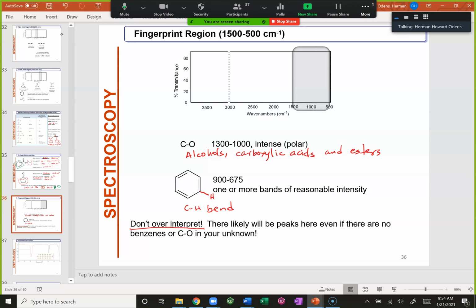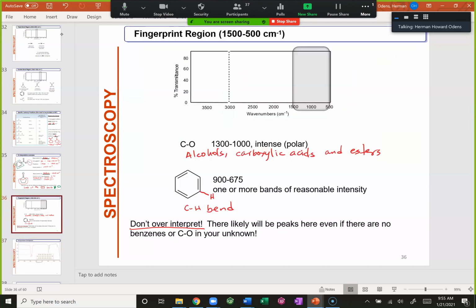I'll talk about that in a minute. If I have time, we'll introduce the UV subject, which is very short. If not, my main goal is to finish up infrared today. All right, so here we go.